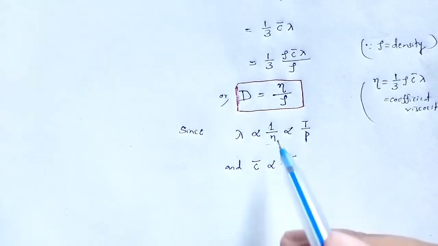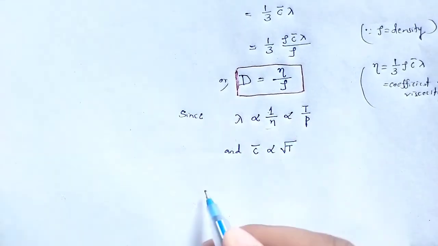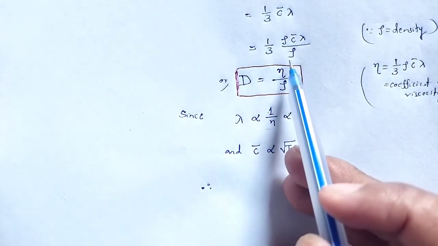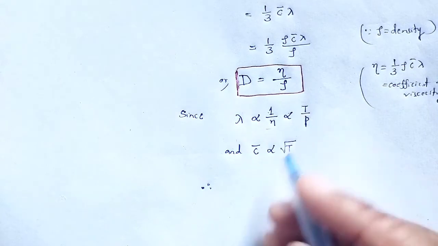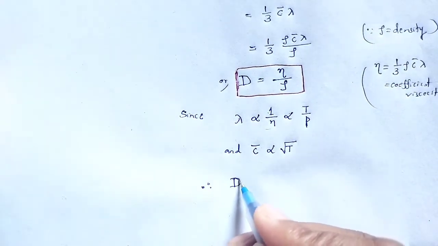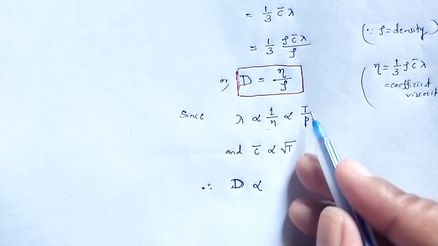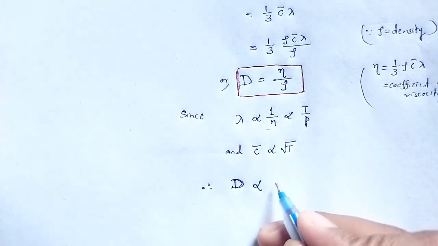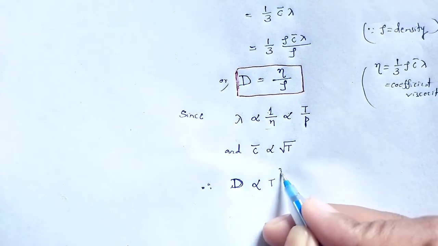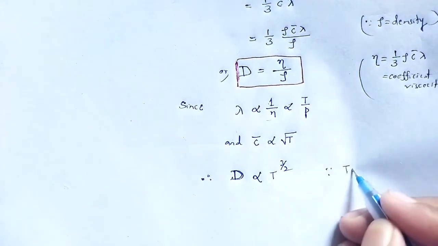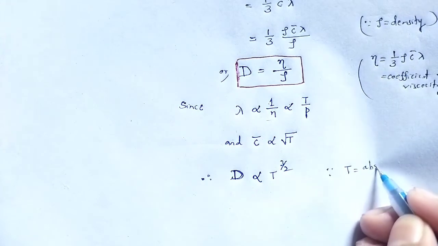Overall, from these equations, the coefficient of diffusion D is directly proportional to T to the power half, that is T to the power 1, that is T to the power 3 by 2, where T is the absolute temperature.